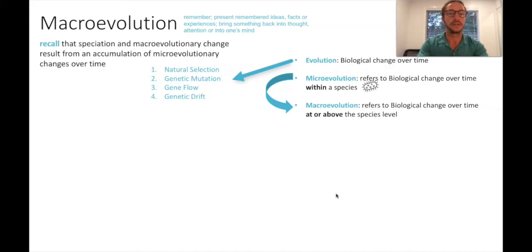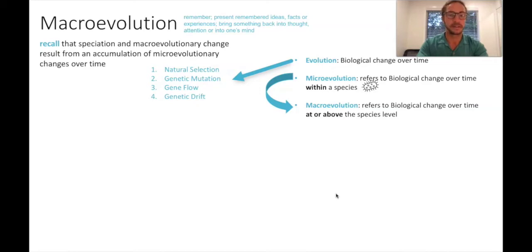For this to occur, it generally happens over geological time, that being millions or billions of years. In contrast with microevolution, macroevolution reflects large-scale changes at or above the species level, which result from the accumulation of numerous small changes on the microevolutionary scale.